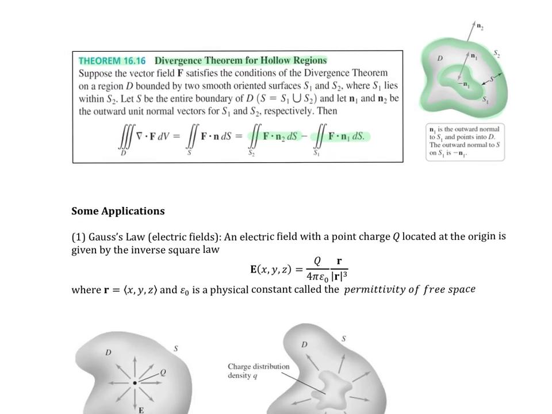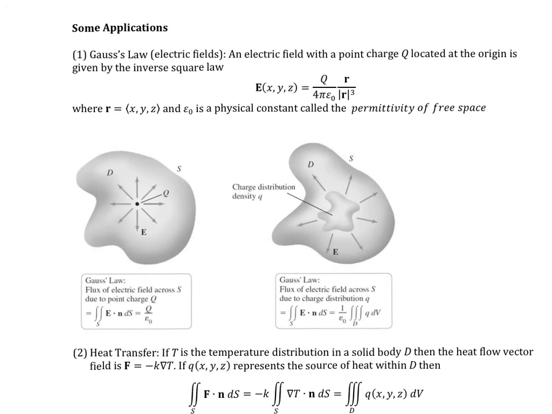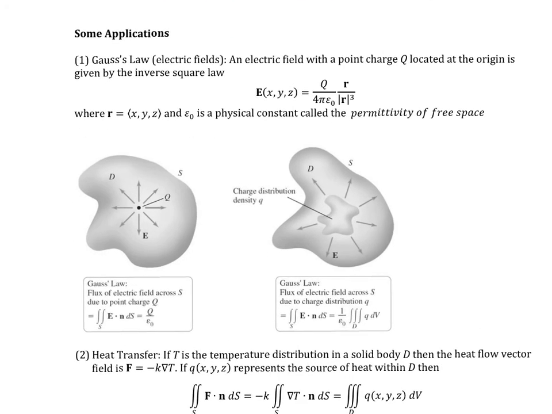I also wanted to point out, since most of you are engineering majors, some applications you may see in your physics or engineering courses. We're not going to do any examples of this, but this is where you would see this flux or this idea of flow. Gauss's law should come up, especially if you're going into electrical engineering.